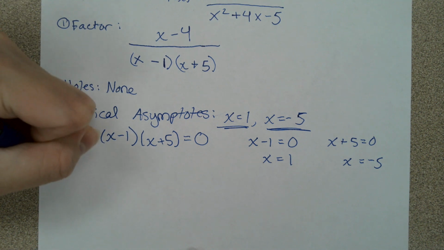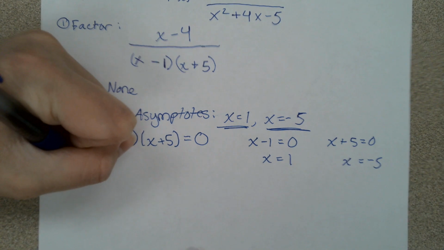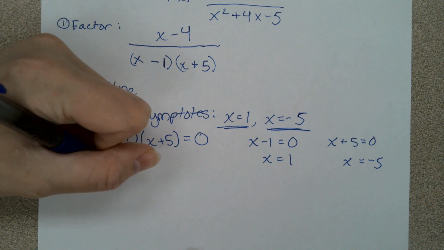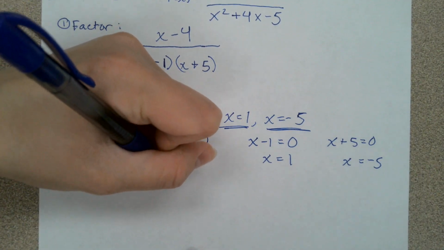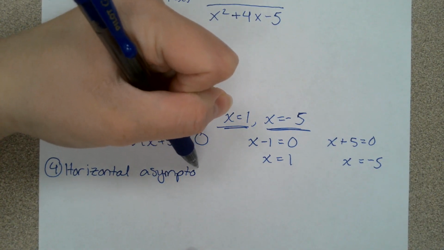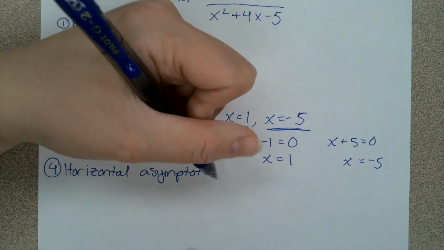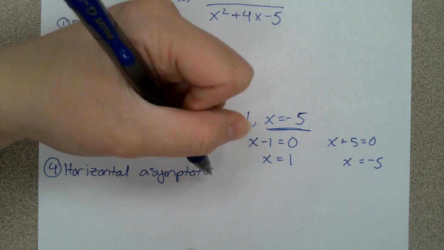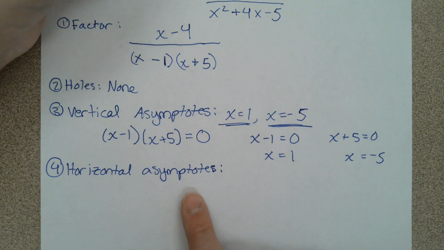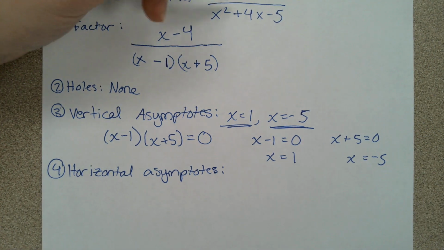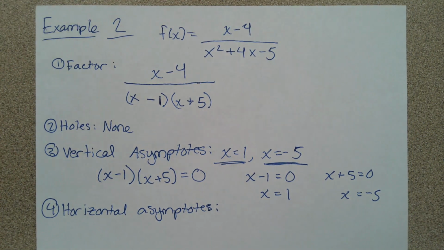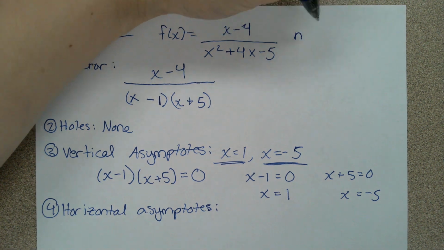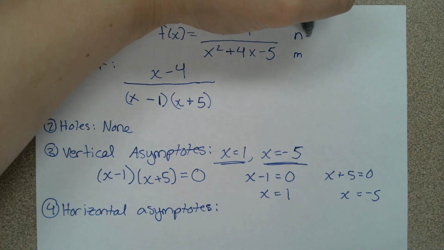Fourth step is the horizontal asymptote. So this comes from the degree at the top and the bottom. So let's look. The degree at the top we refer to as n, and the degree at the bottom we refer to as m.